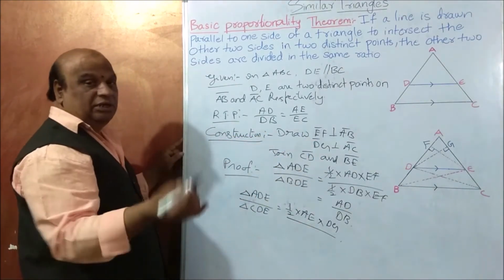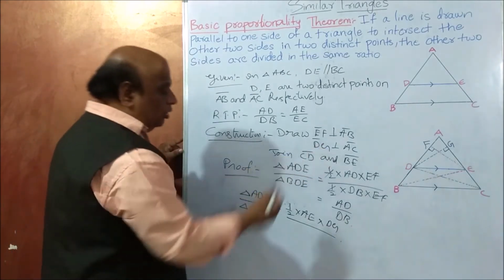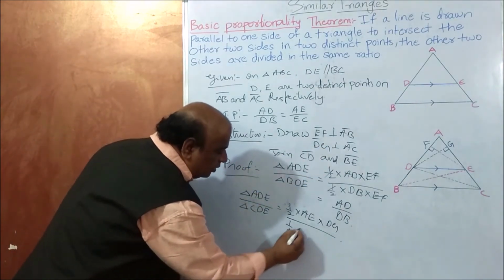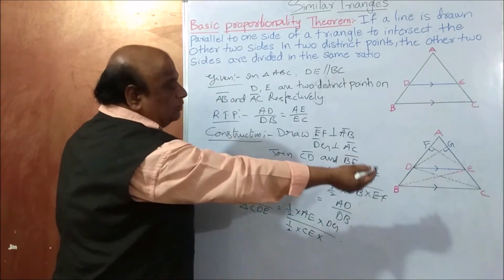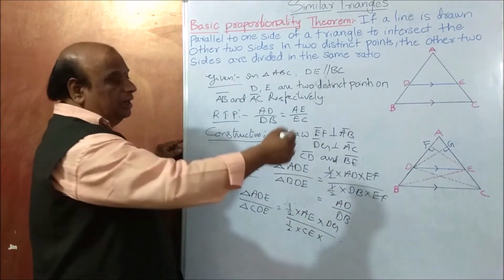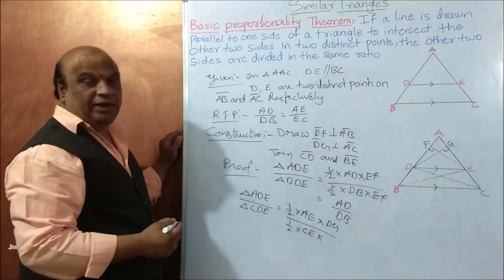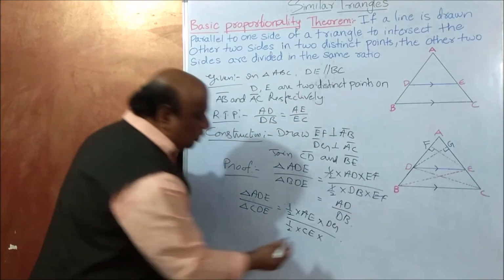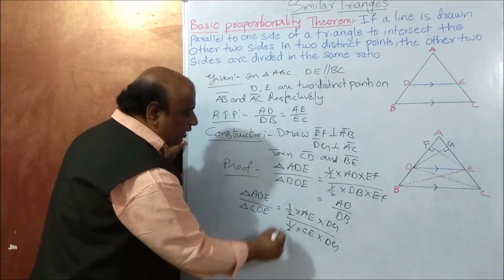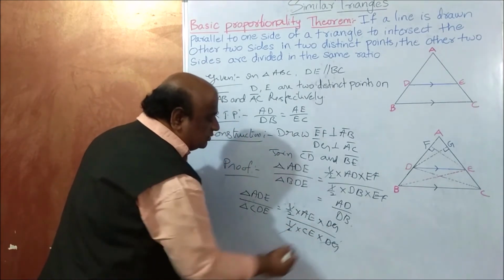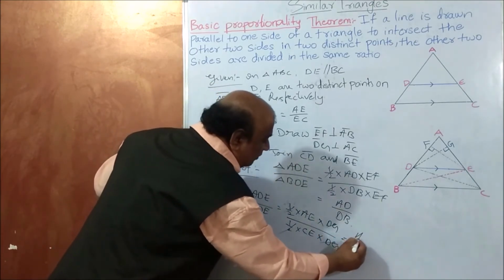EC, it is nothing but CE. So, half into CE into, again if you produce CE up to G, then DG is a perpendicular line or altitude. So, DG. So, half cut here, DG cuts, we are getting AE by CE.